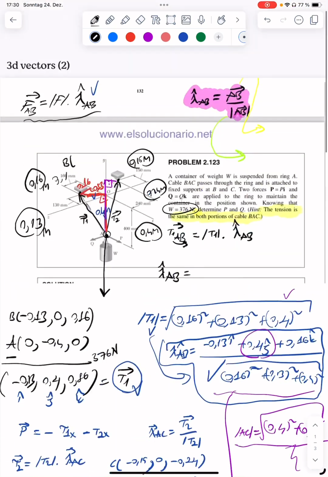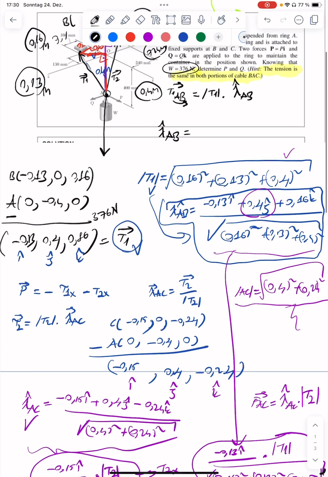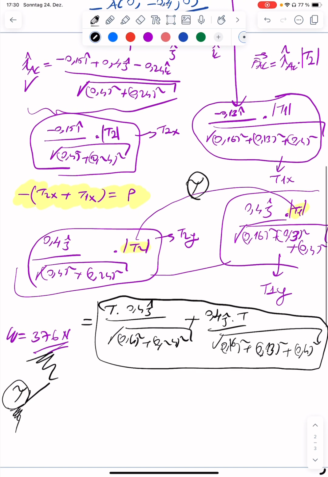So we can find Q and P easily. How can we find them?